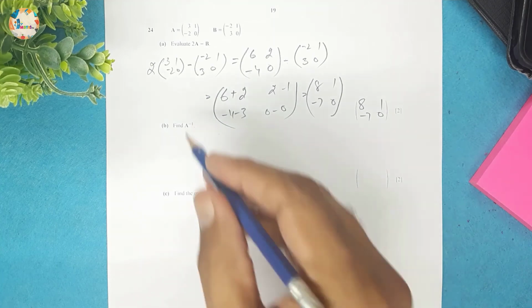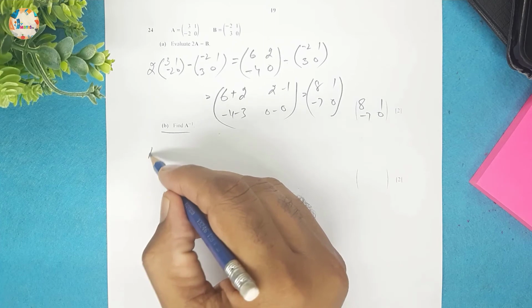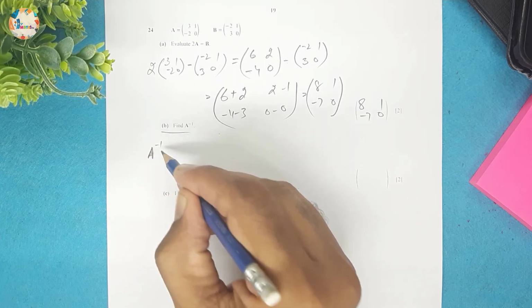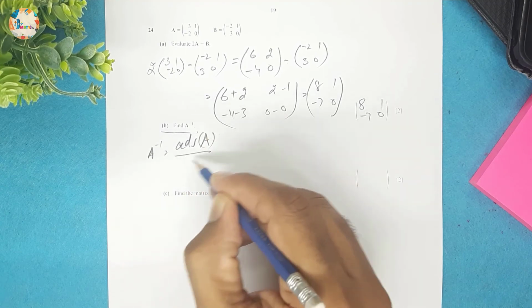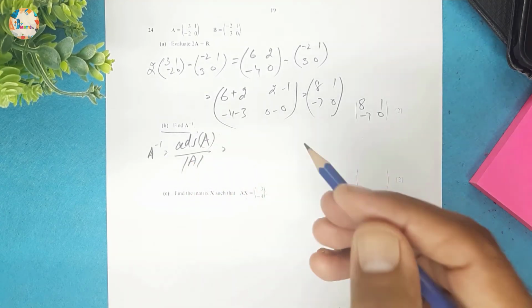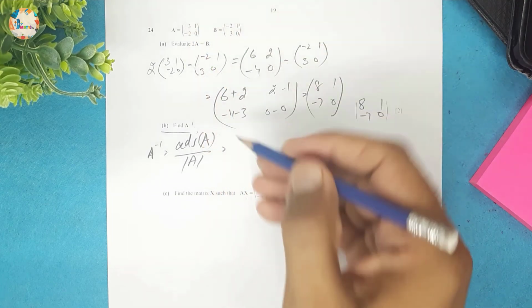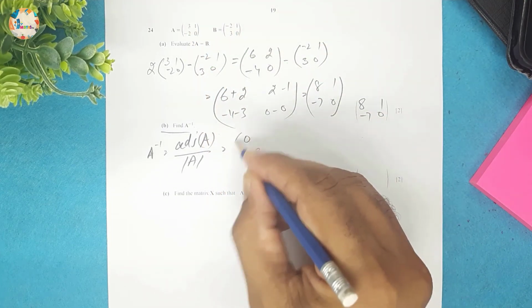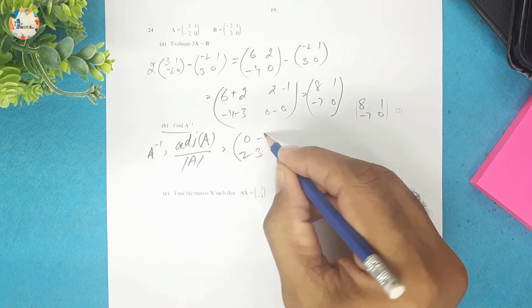So find the A inverse part. A inverse we know is equal to adjoint of A over mod A. This is the formula which we will be applying. Adjoint of A will be changing location of these two, 0 and 3, and changing sign of these two. So plus 2 and minus 1.